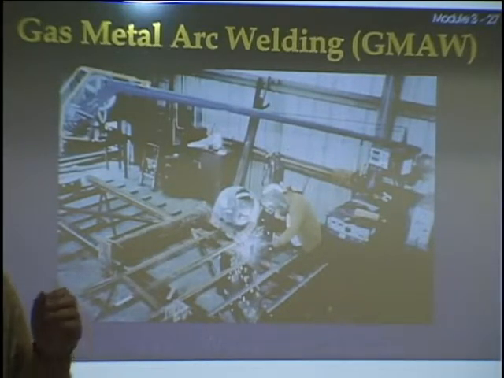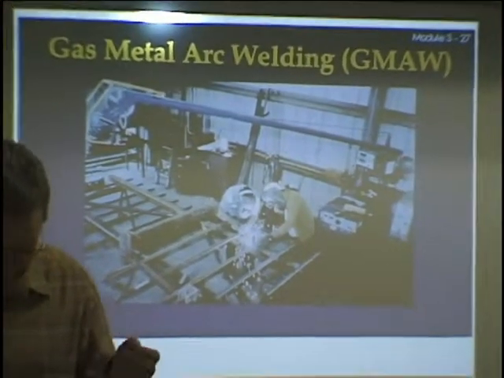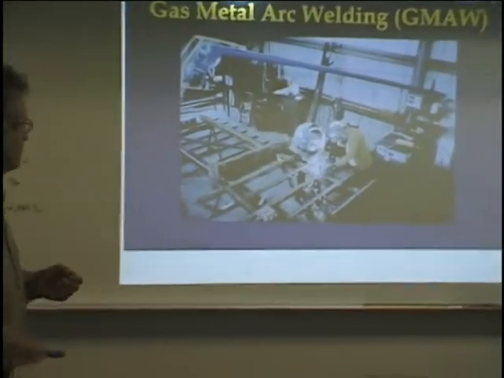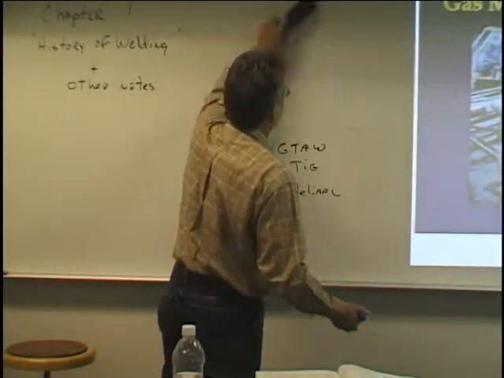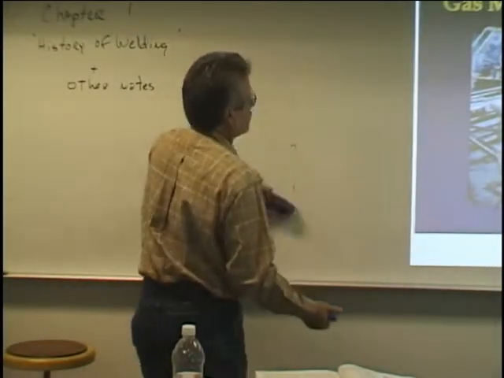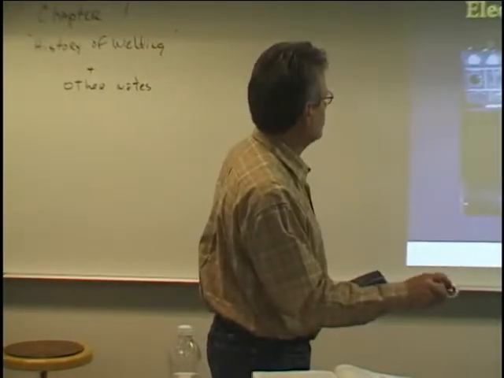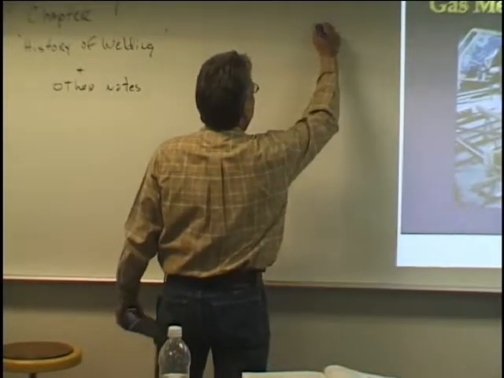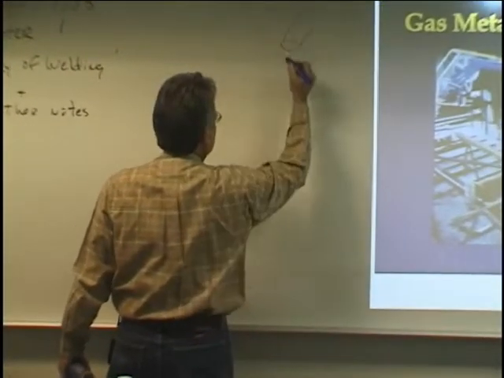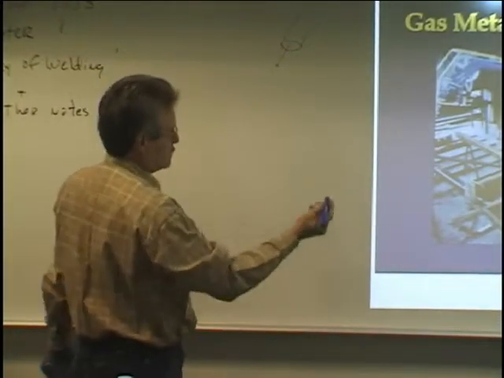See, we have GMAW, and we have metal inert gas and metal active gas. So when we talk about gas metal arc, I think I have a picture of that. Let me see. Nope. Okay. In gas metal arc, you've got your gun, your nozzle here, and the wire's coming out, and it kind of pinches off, depending on the transfer mode that you're using.